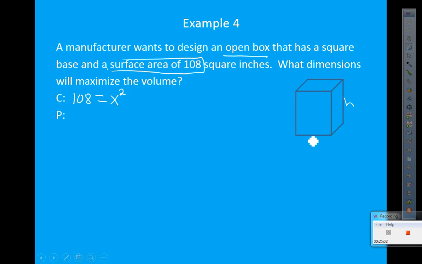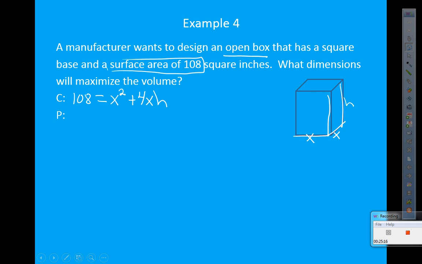And then I also have the area of the sides. So once again, guys, x times h, and I got 4 of them. So x squared plus 4xh. There's my constraint equation.